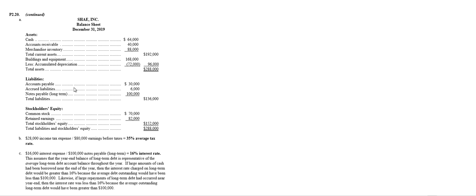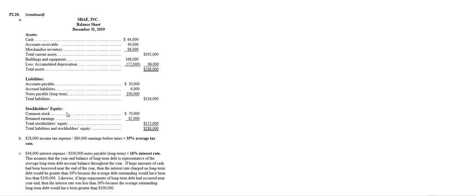So don't get too confused by that. But distinctively, notes payable would be considered long-term debt, because it actually says so. It says it's long-term. And keep in mind that non-current liabilities, we usually call them long-term debt.